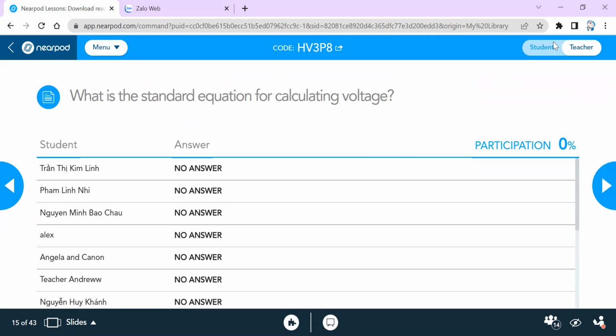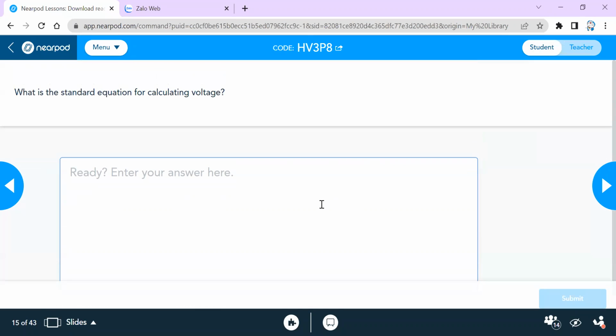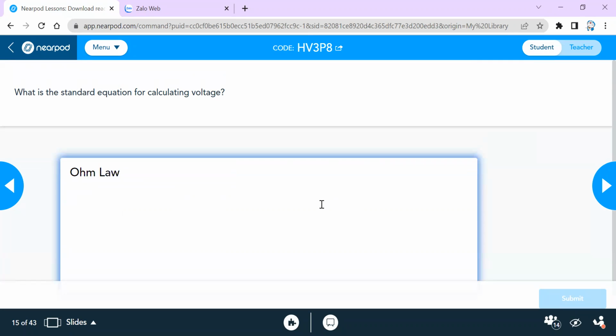Remember the triangle that we discussed in the previous series of We Love Science, which is Ohm's law. To find out voltage, we use the formula V equals I times R, where I is the current, or shall I say the ampere, and R is the resistance in ohms.